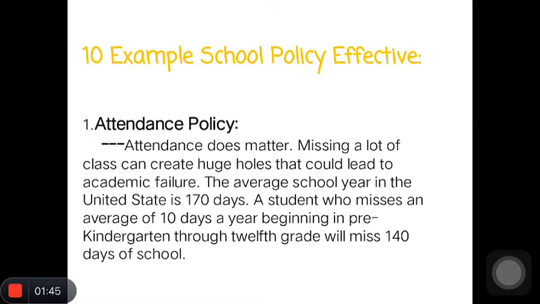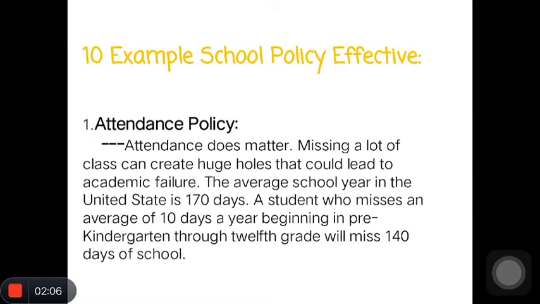First is attendance policy. Attendance policy does matter. Missing a lot of class can create huge holes that could lead to academic failure. The average school year in the United States is 170 days.